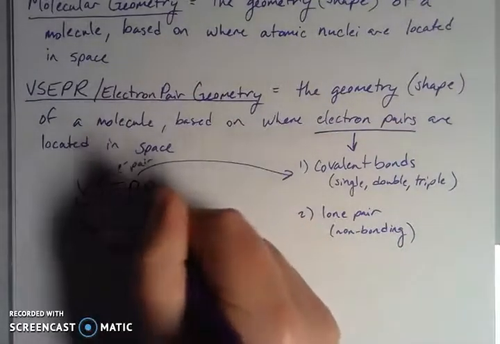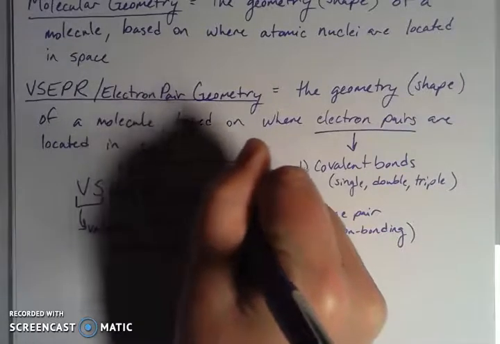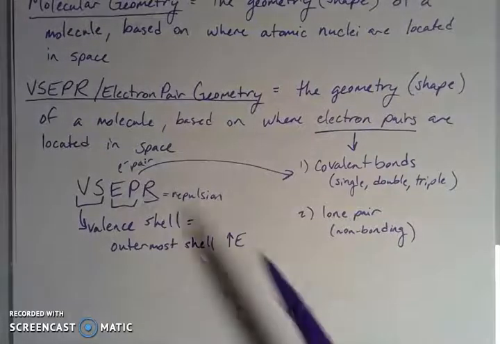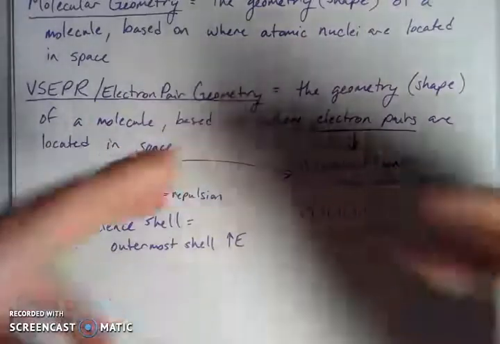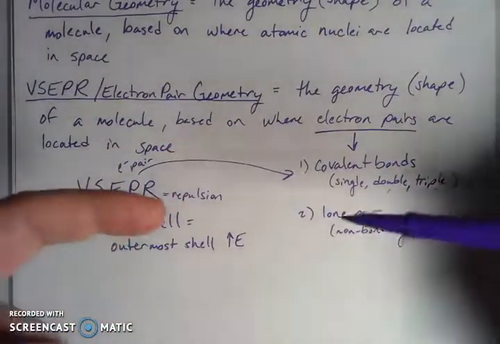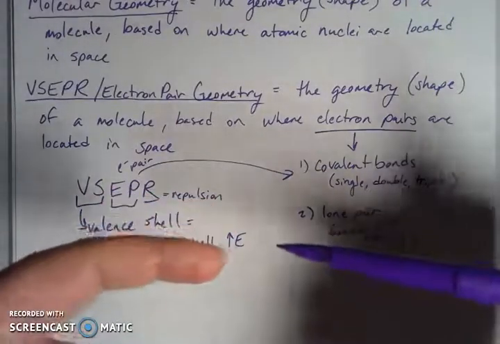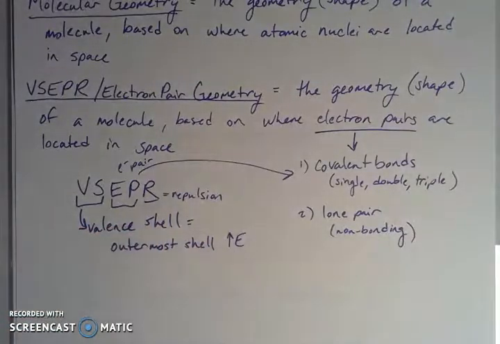And then the last bit is repulsion. And if we think about this from just a purely physical standpoint, if I have negatively charged particles in close proximity to each other, then kind of like the same end of a magnet, if I have two negative poles of a magnet and I try to push them together, their natural inclination is going to be to repel. So that's the same kind of thing with electron pairs.